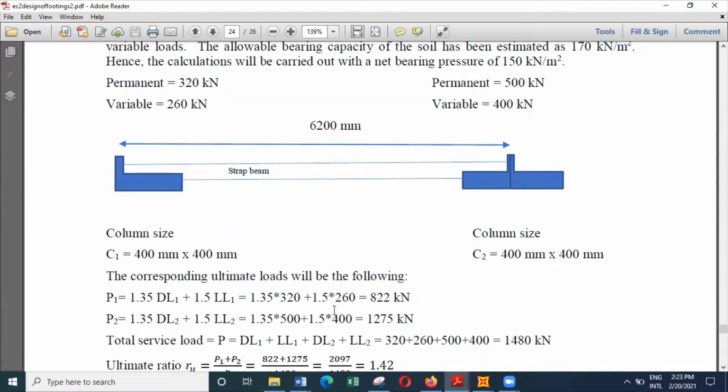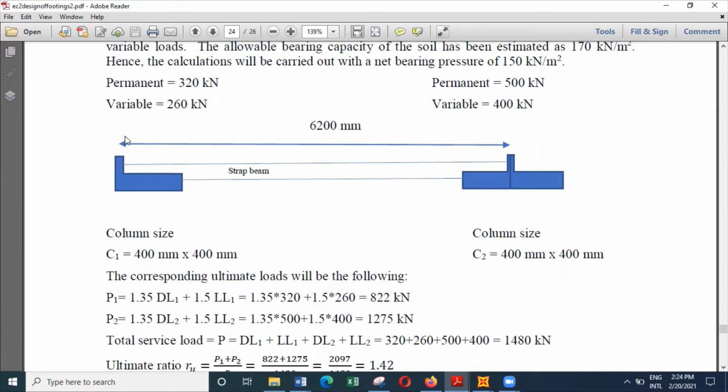So because we have to do the strap beam design under ultimate conditions, it's good to know about the pressure distribution corresponding to the ultimate loads. So what we can do is find the P1 and P2 values. P1 is the column load here, P2 is the column load here.